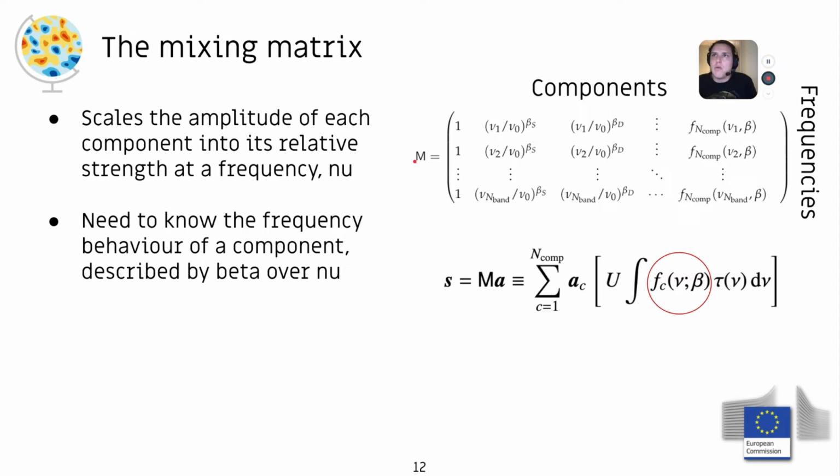So we want to get a good grasp of this mixing matrix and how it translates the data, the model properly, so that it matches our data. And we want to know all of these different free parameters, the synchrotron beta, the beta for the dust component, etc., for all of the different ones. And here, one is simply for the CMB component, because we define it in CMB units, so everything is relative to the CMB.